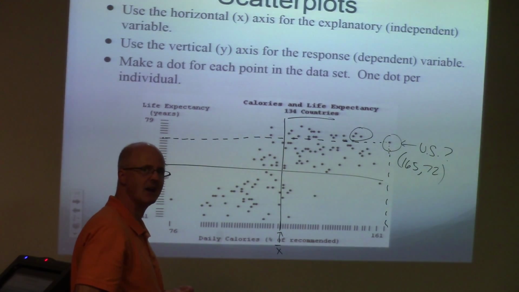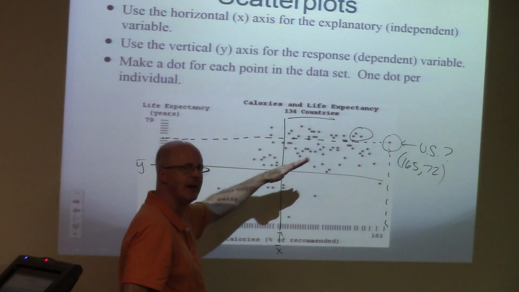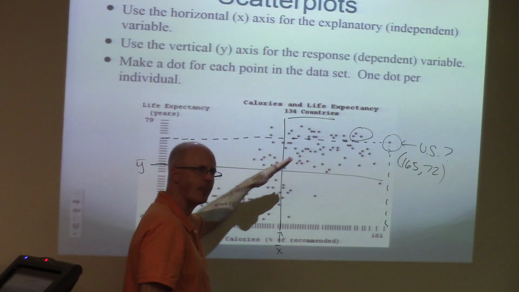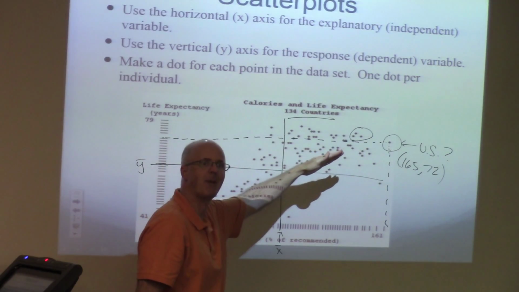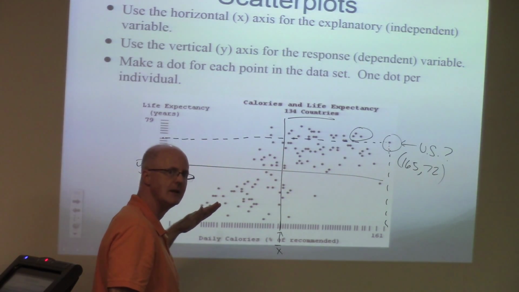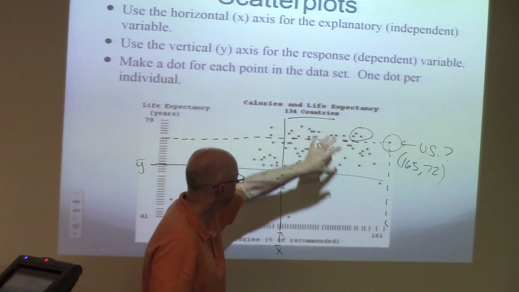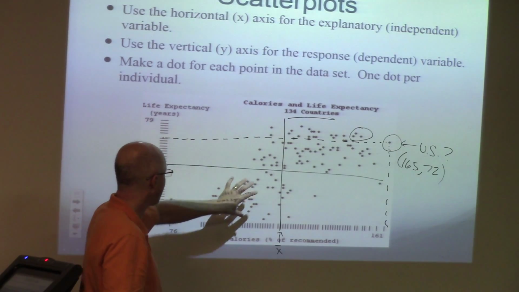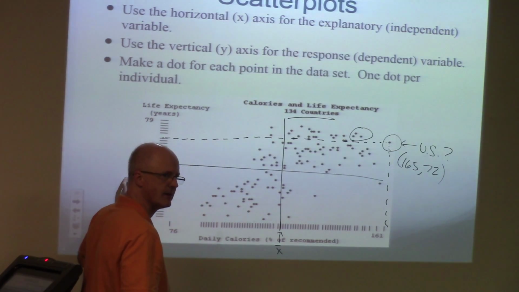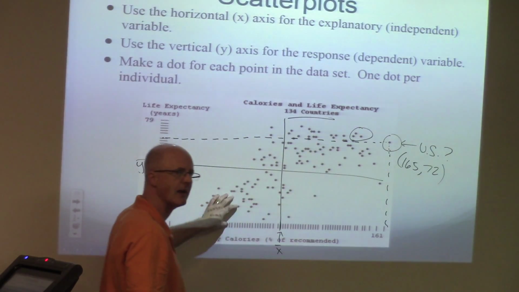When that happens, that's an upward association, a positive association. There's a positive trend. By positive, I mean the trend here is like my arm, and it has a positive slope. It also means that higher than average values for x typically correspond to higher than average values for y, and lower than average values for x correspond to lower than average values for y, because most of the points are in the upper right and lower left.